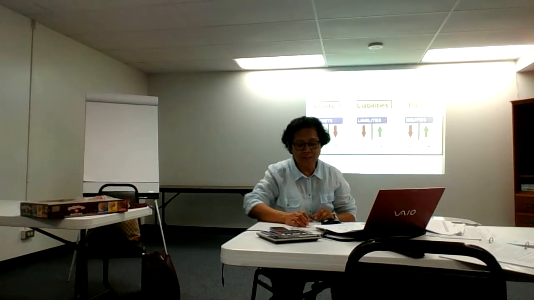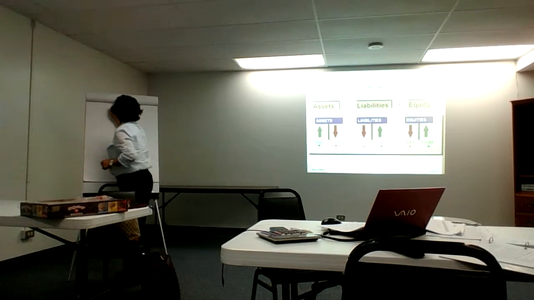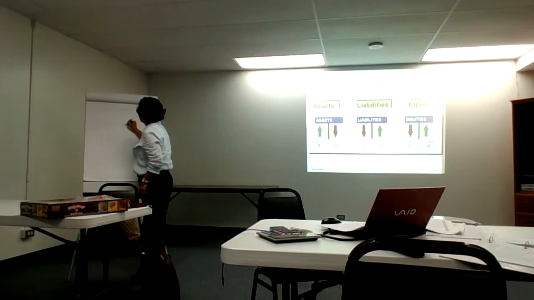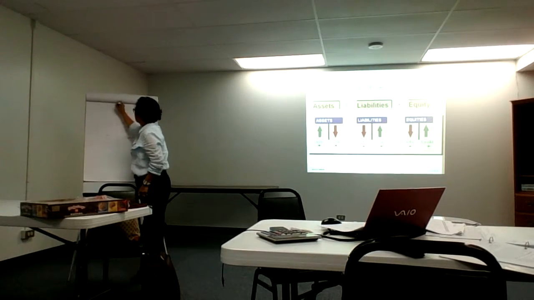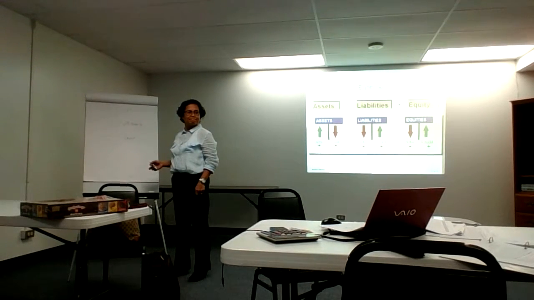The only exception that I want to tell you about is, I'm talking about a sole proprietorship. This is asset. Withdrawals and expenses are all debit when you increase them.